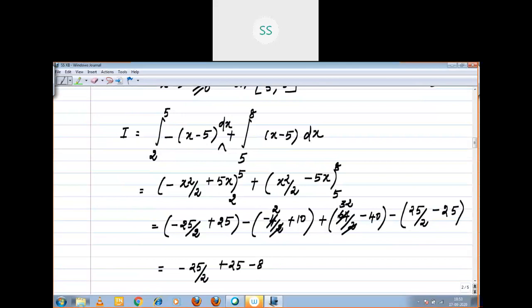How I am going to simplify? You see. Now minus 25 by 2 plus 25, minus 2 plus 8, minus 2 plus 8. 8.